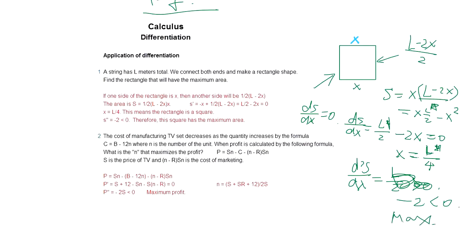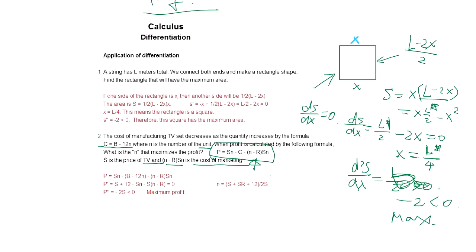Okay. The cost of manufacturing a TV set decreases as the quantity increases by the formula, where n is the number of units, and the profit is calculated by the following formula. What is the n that maximizes the profit? S is the price of the TV, and this is the cost of marketing.